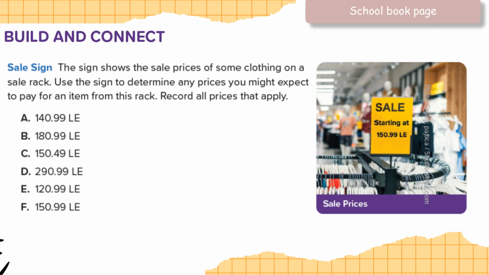So 140.99 is not included in the sale. 180.99 is included. 150.49 is smaller than 150.99, so it's not included. 290.99 is greater, so it's included. 120 is smaller, so it's not included. 150.99 is the same as the sign, so it's also included.